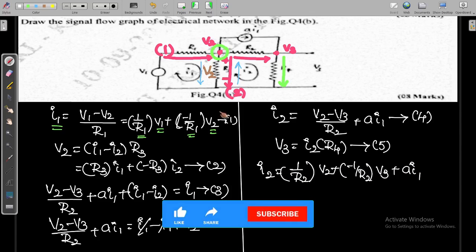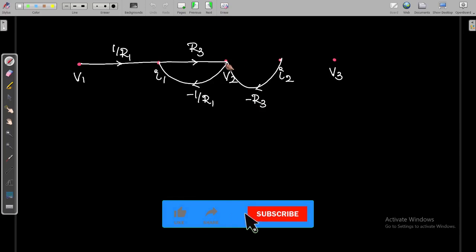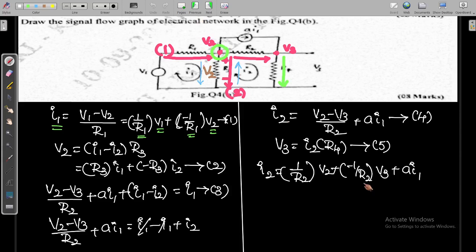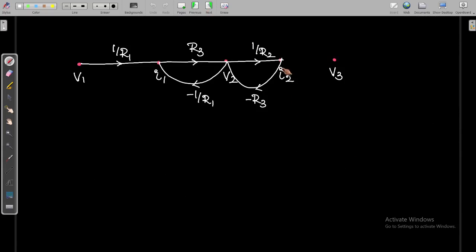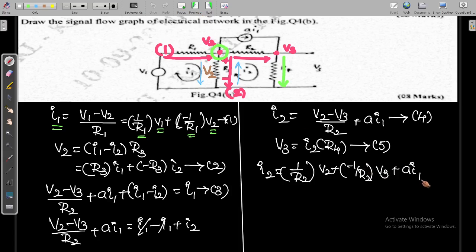From V2 you are getting 1 by R2. Next from V3 you are getting minus 1 by R2. Next you are getting A I1, from I1 you are getting A I1.